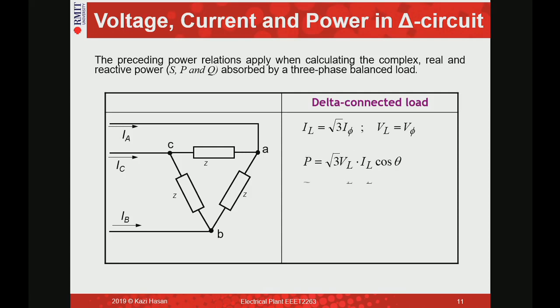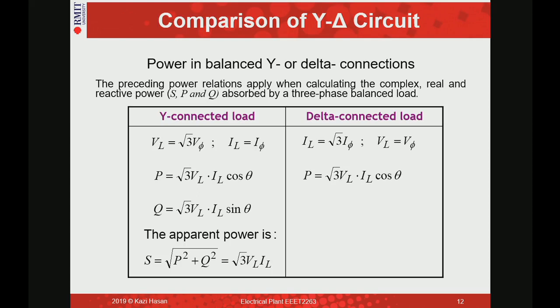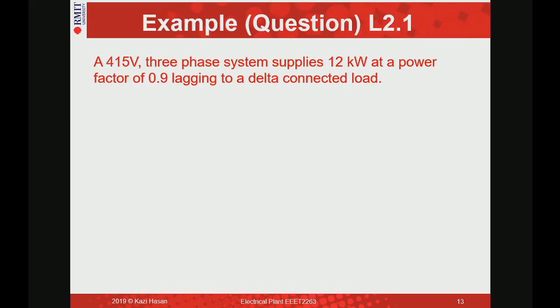So when you see these numbers and try to convert 415 by multiplying with root 3, you are gone, isn't it? Because it is the same. You don't need to multiply with root 3 to make it into line voltage, because in delta connected circuits, phase voltage and line voltage are the same. So you write that this is the line voltage or phase voltage. It is the same.